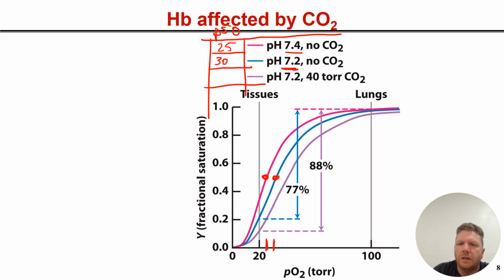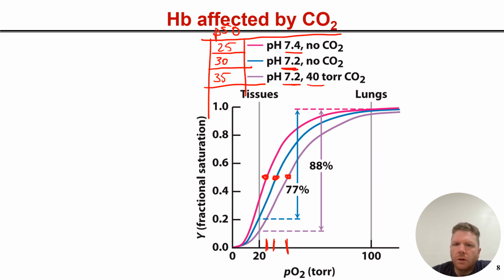Now, last but not least, my pH is controlled, but then the other variable that I introduce is CO2. My PCO2 is somewhere in the order of 40 torr. My P50 for that protein is somewhere on the order of, again, my x-axis isn't really labeled, so I'm going to call that 35 torr, roughly.